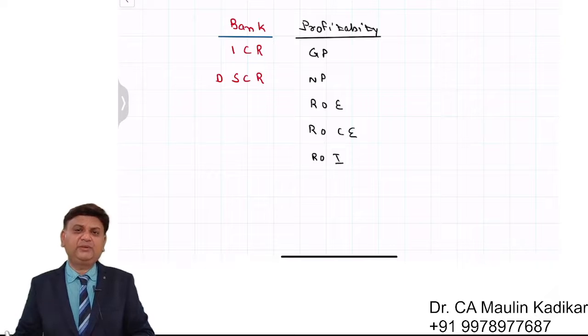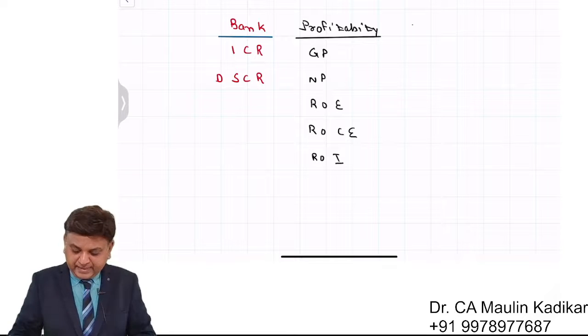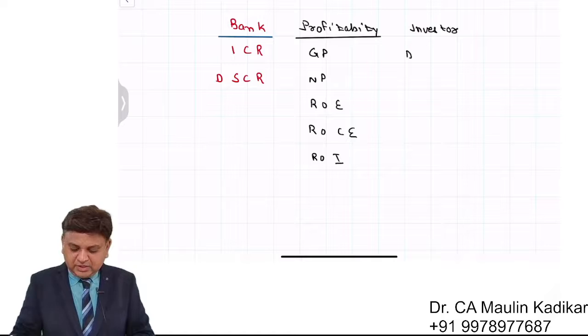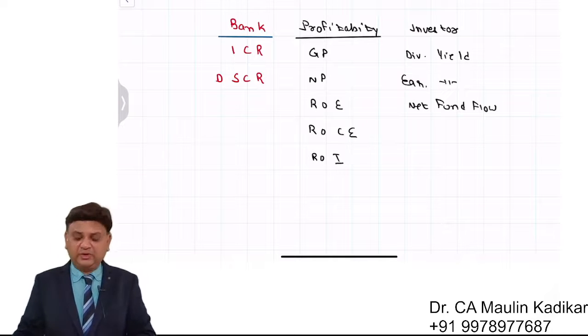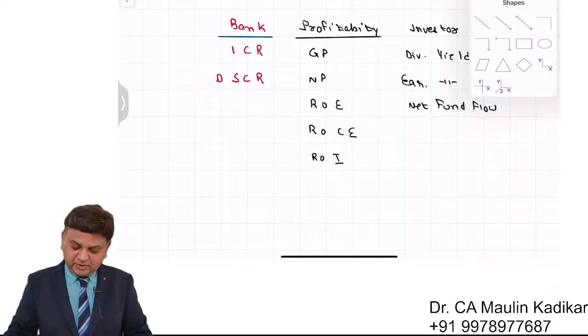These are the profitability ratios that can be calculated to measure the profitability of the company. Then from investor point of view, dividend yield, then earning yield, then we are going to understand net fund flow. These are certain ratios that we are going to calculate from investor point of view.